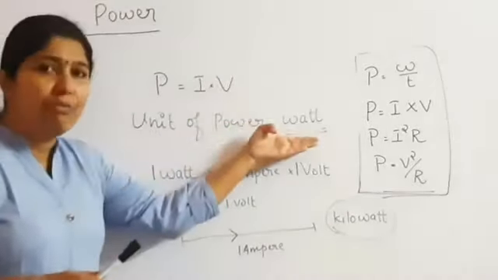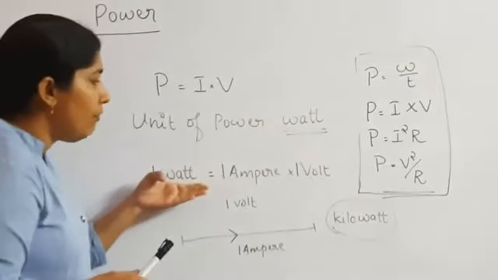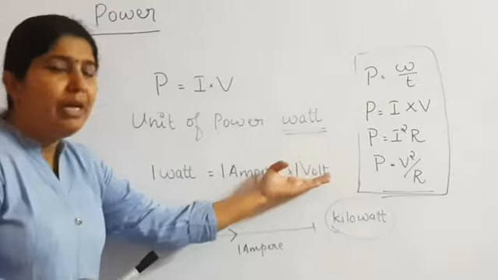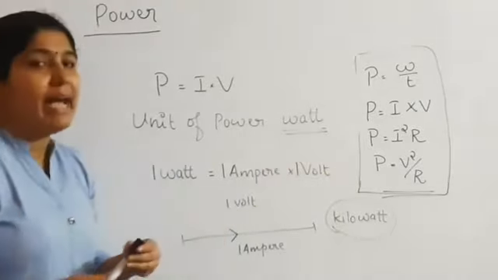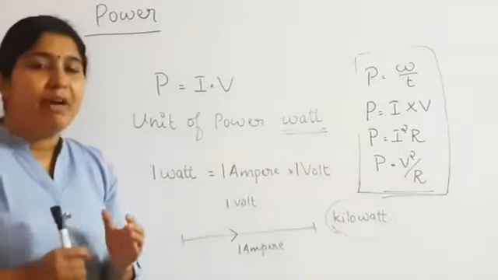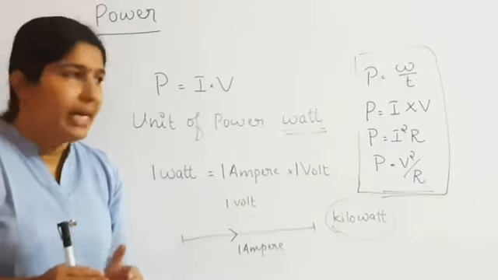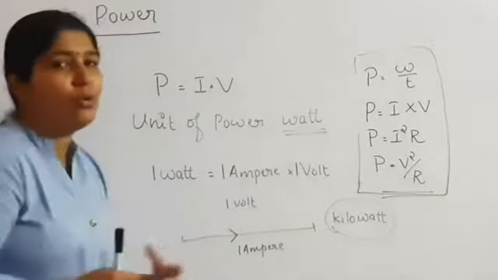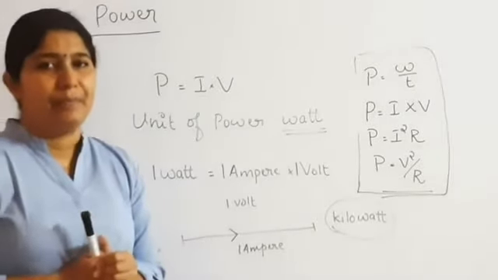Unit of power is watt. Then 1 watt is equal to 1 ampere into 1 volt. Now we can define 1 watt as the power when 1 ampere current flows through a conductor with 1 volt potential difference maintained across its ends.